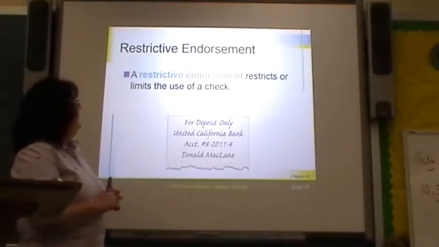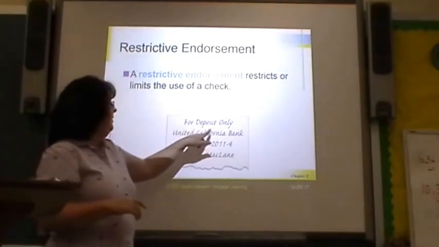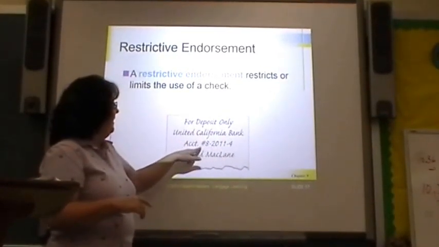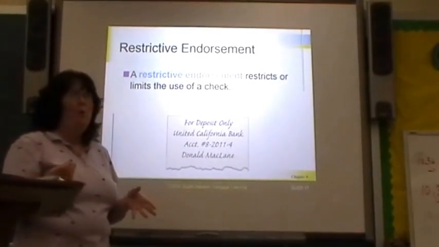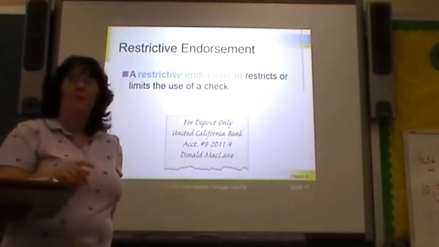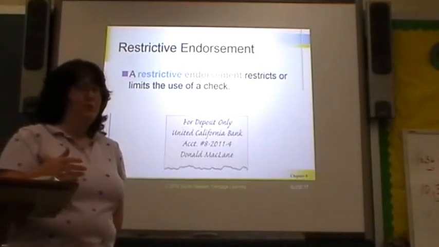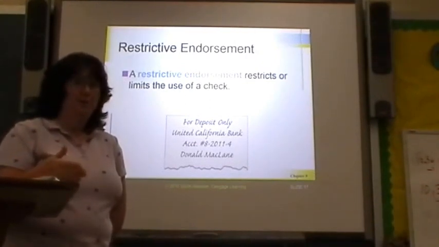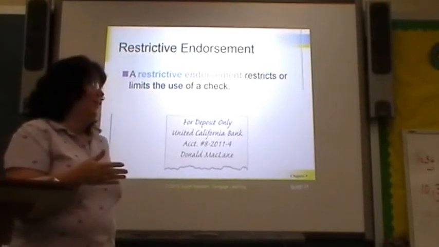A restrictive endorsement restricts or limits the use of a check: for deposit only, United California Bank, account number this, Donald McLean. Okay. Suppose you are the treasurer at your church and people have written checks to the church. You wouldn't want the person who's taking the money to be able to put it in their own account, which is highly illegal and immoral.